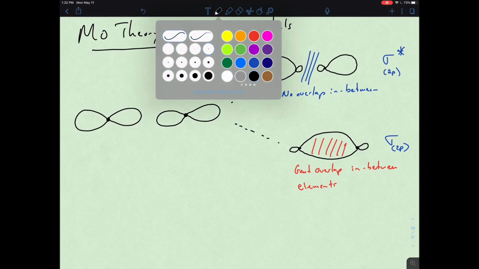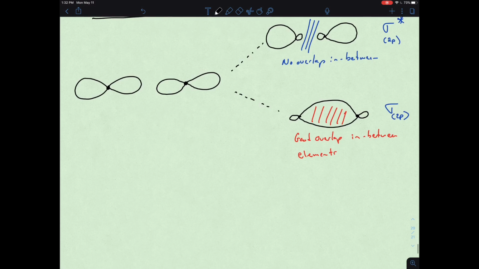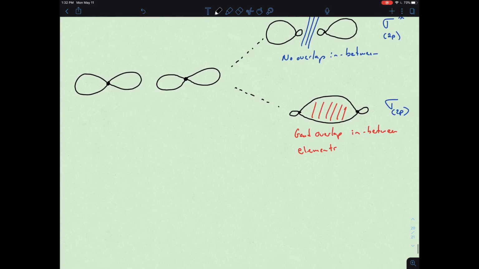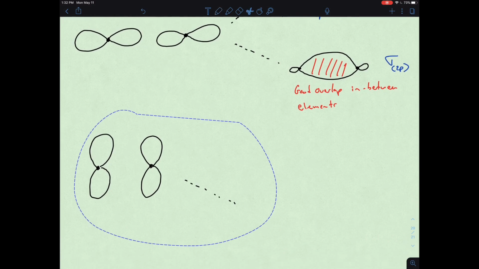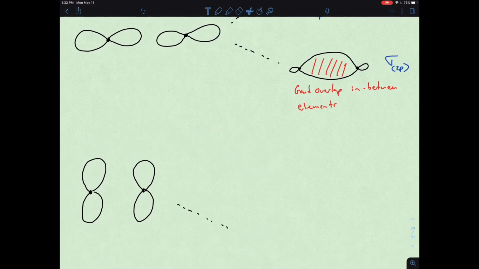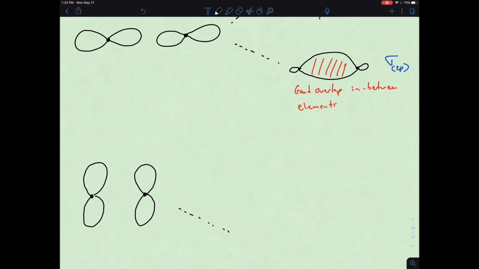Another way to see the bonding scenario for the p orbitals would be like a pi bond scenario. Another way to draw those orbitals would be not end to end, but basically both right beside each other. And so we're going to find that we get the same type of relationship as far as overlap above and below that we've observed with bonding and anti-bonding.